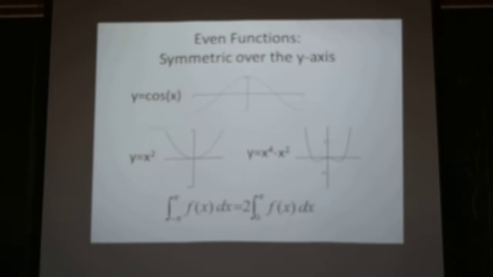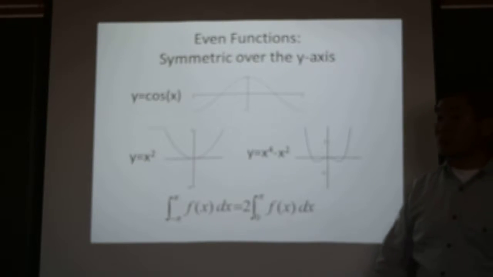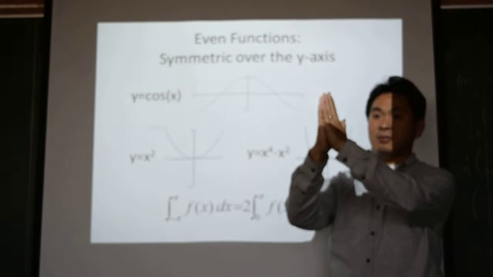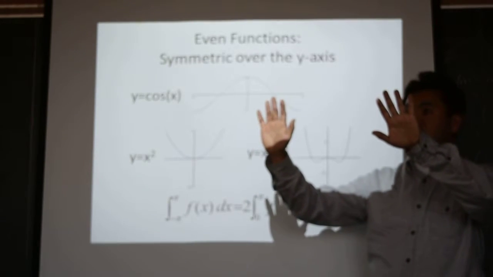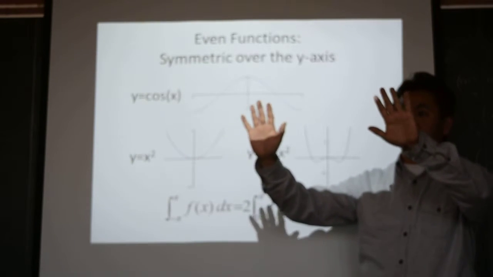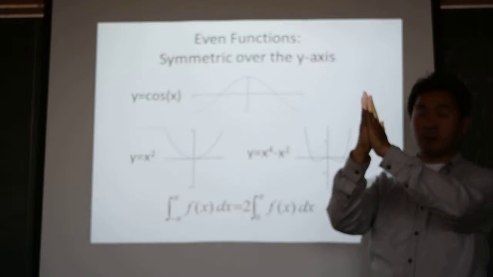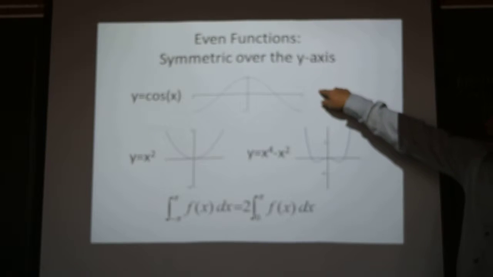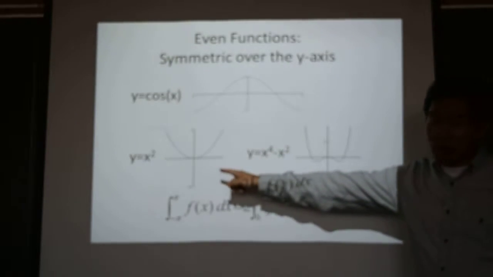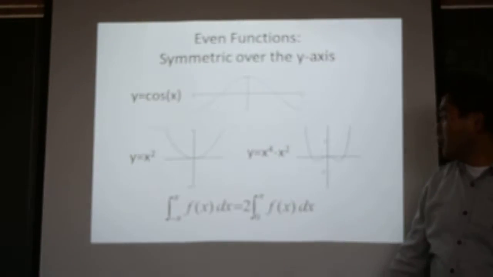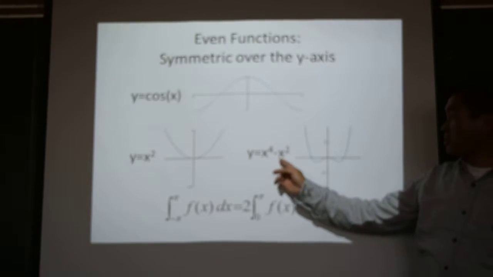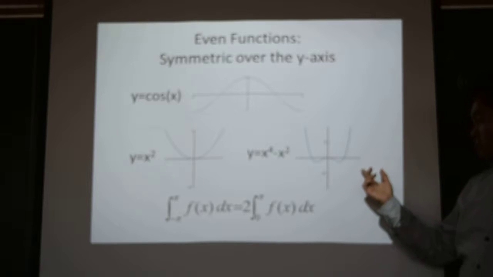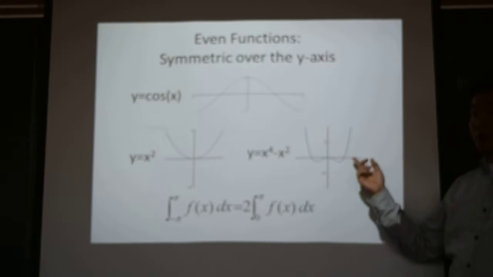First, even functions are functions that are symmetric over the y-axis. So if you fold it, it folds evenly, the right and the left side match. And such is true for cosine x, and any polynomial with even powers. And if you have polynomials with multiple terms, if they're all even powered, then their graph will still be an even function.